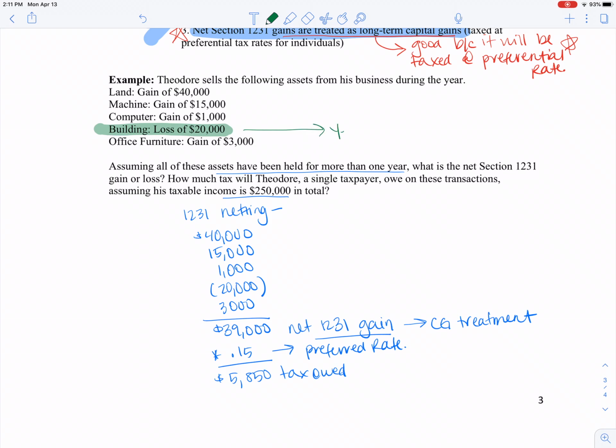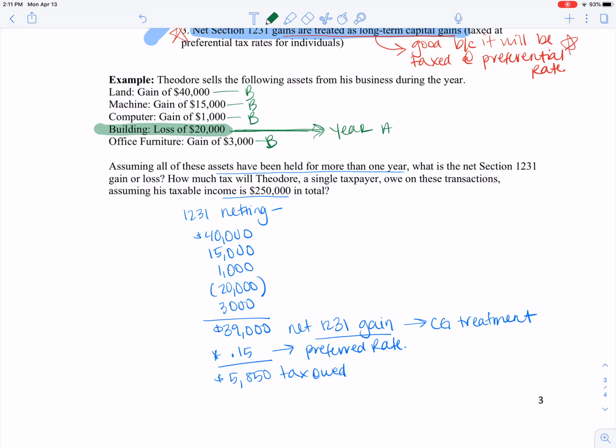I'm just going to say year A, and then have all of these gains go to year B. Because if I was able to push the gains all in 1 year and the losses all in another year, then I would get this preferred capital gain treatment on all of my gains, and I would get to offset my ordinary income with this $20,000 loss.